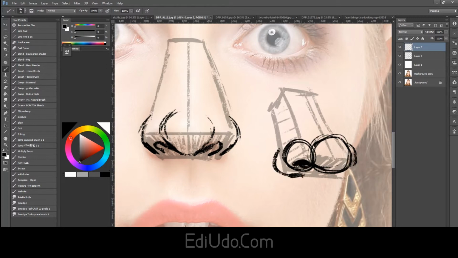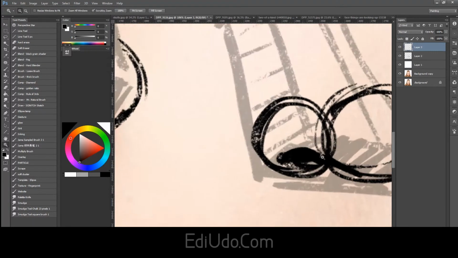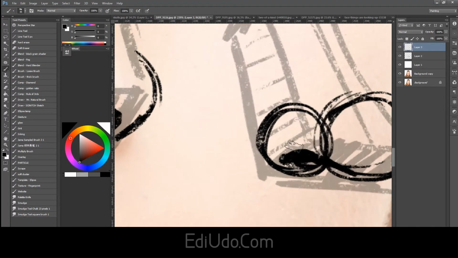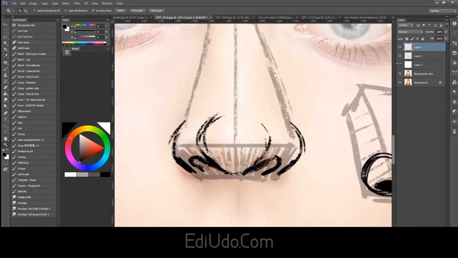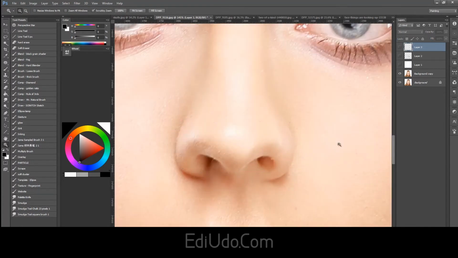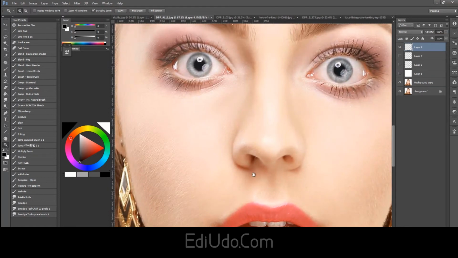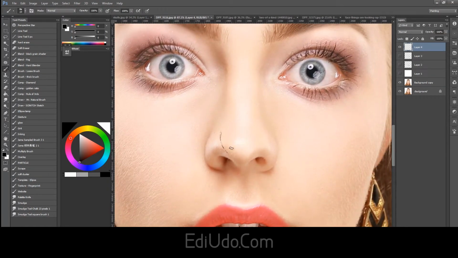See how the nostrils hook around like this over here. It hooks inward. You can just imagine. So I can just draw one ball, another ball, another one, right?